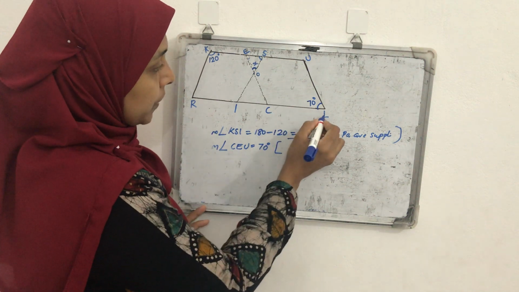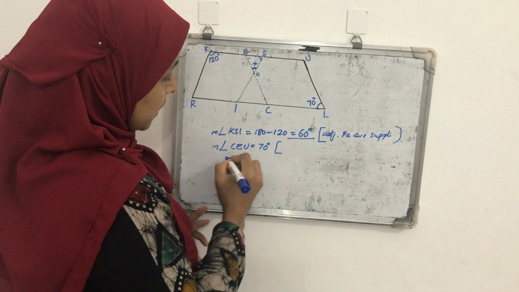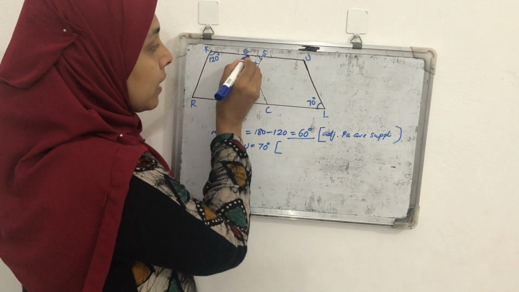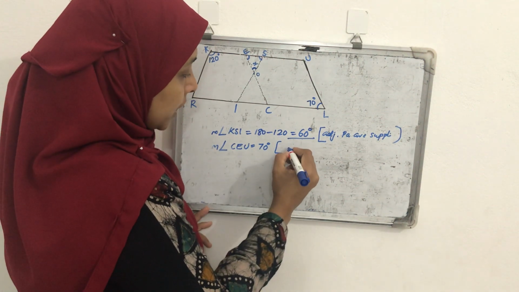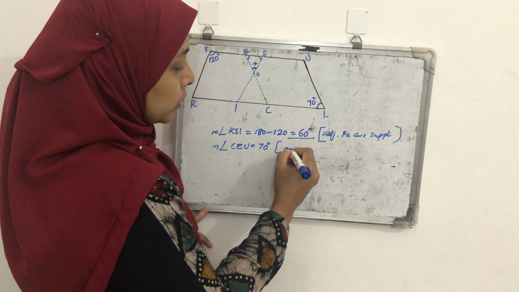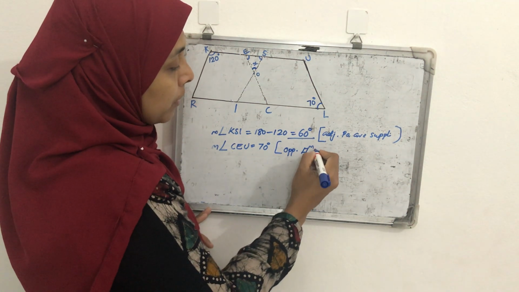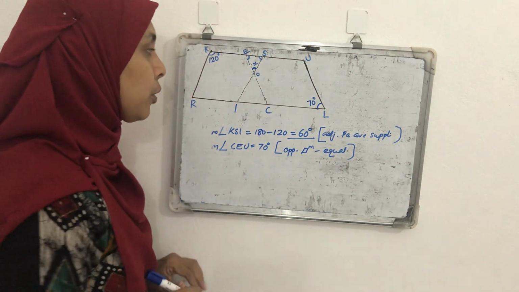That means if it is 70 degrees, this angle also will be 70 degrees. So the measure of angle CEU, we got 70 degrees. The property we used here is that opposite angles of a parallelogram are equal. Mention that property.